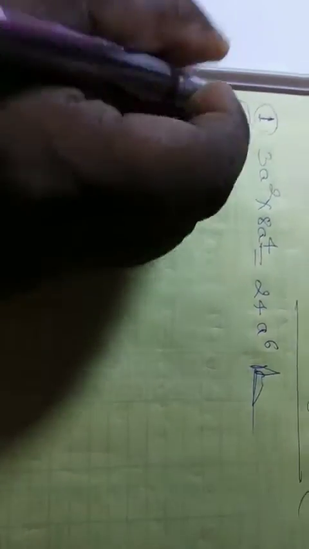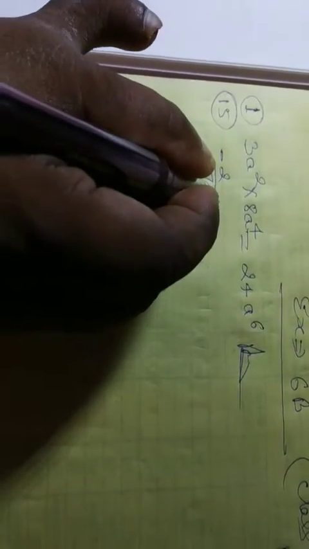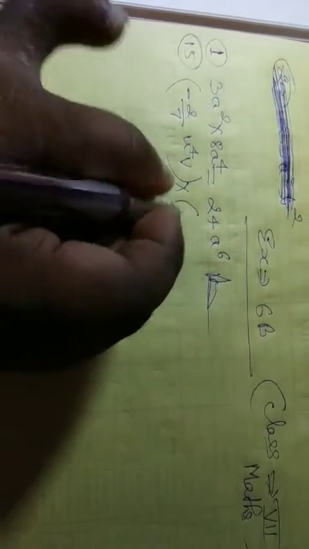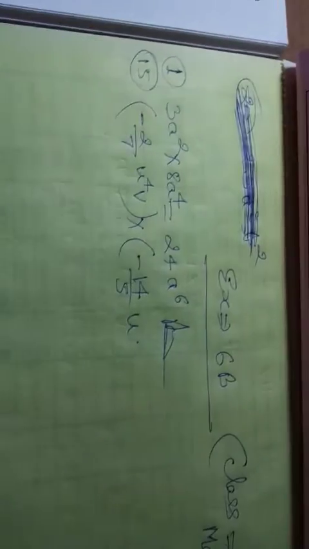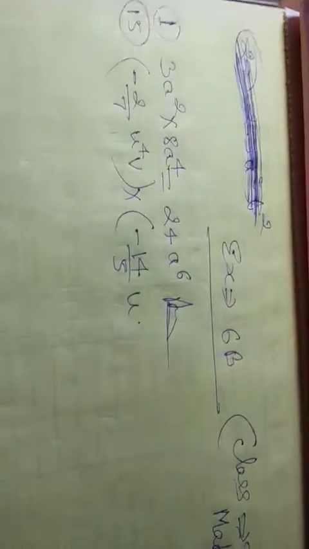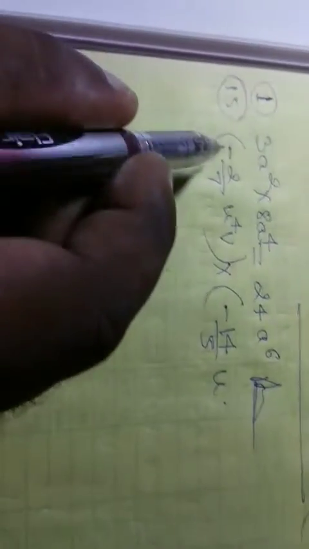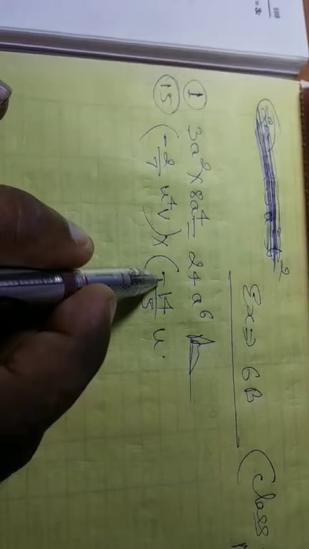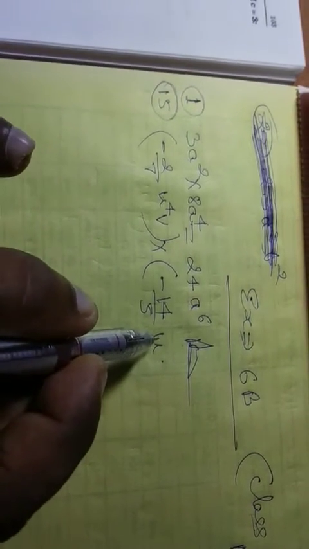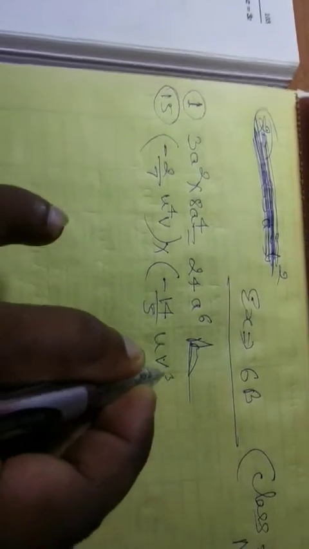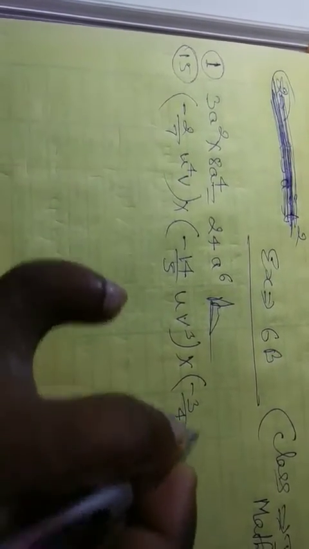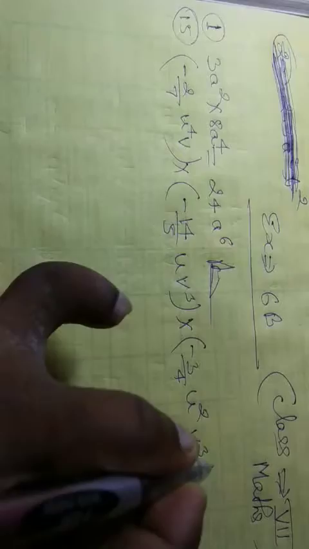Question number 15: minus 2 by 7 u to the power 4 b, into minus 14 by 5 u b to the power 3, which means b cube, into minus 3 by 4 u square b cube.